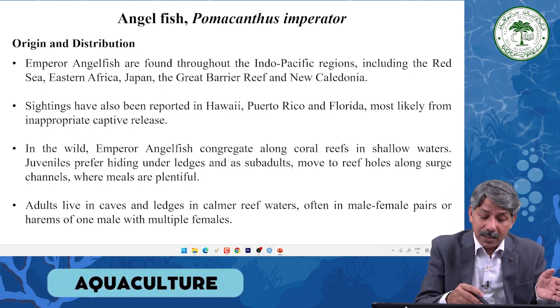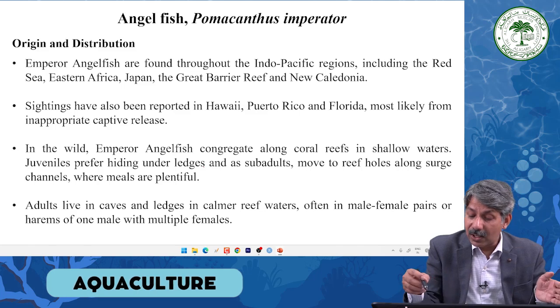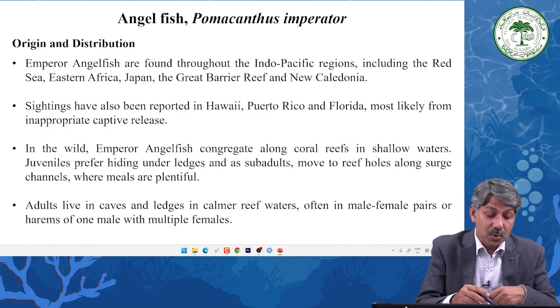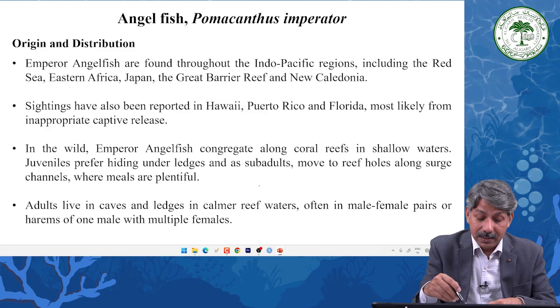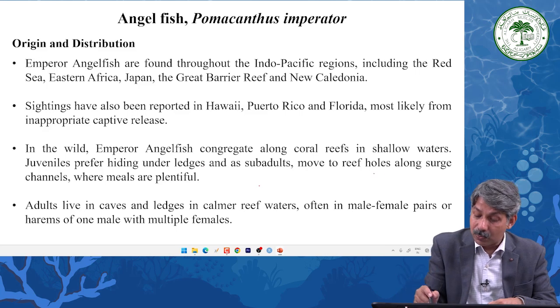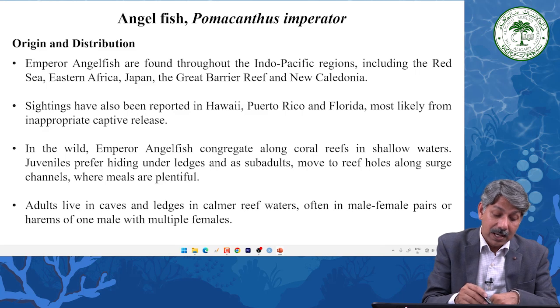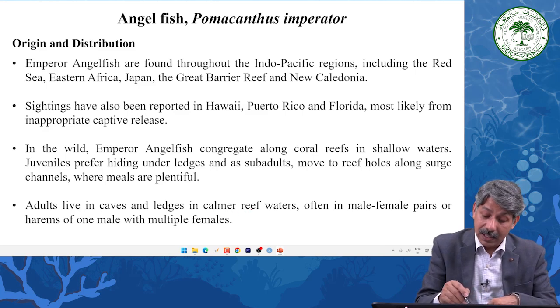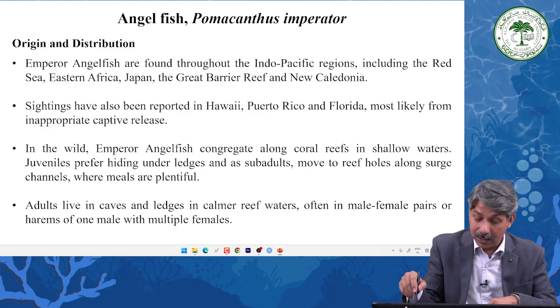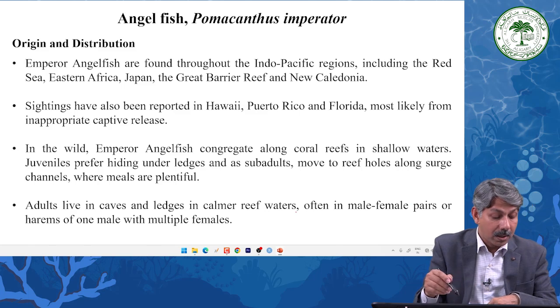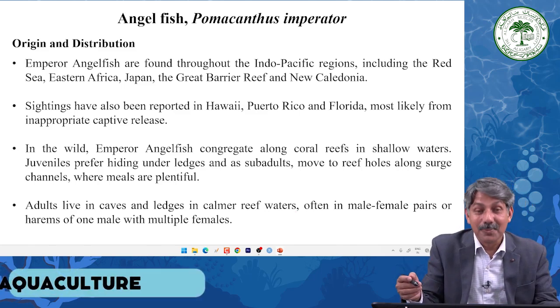In the wild, emperor angelfish congregate along coral reefs in shallow waters. Juveniles prefer hiding under ledges, and as subadults move to reef holes along such channels where meals are plentiful. Adults live in caves and ledges in calmer reef waters, often in male-female pairs, or harems of one male with multiple females.